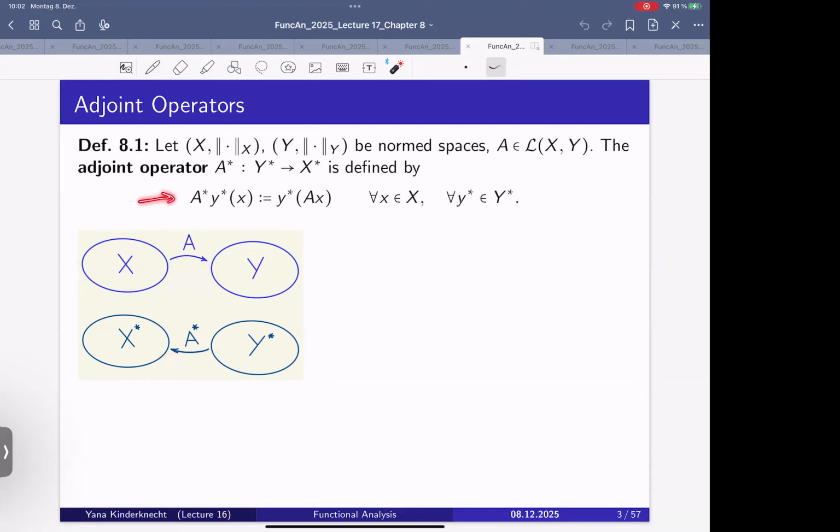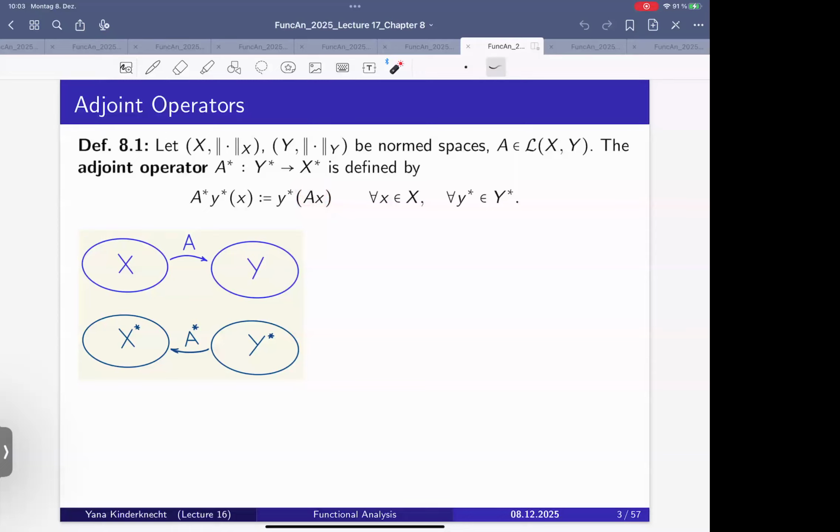Okay, so this is the formula, how it acts. A star is a mapping from Y star. Y star is a continuous linear mapping on Y, a functional on Y. So A star applied to Y star should be an element of X star, that is a continuous linear functional on X. This continuous linear functional on X at the point X is defined in the following way: Y star evaluated at the point AX.